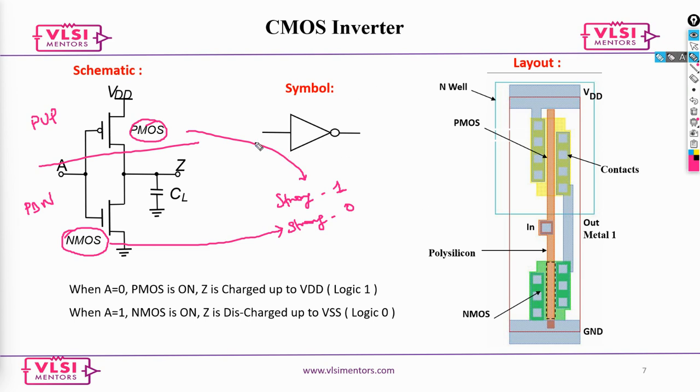When you interchange the PMOS and NMOS, your pull-up network becomes NMOS, and your pull down becomes PMOS. So this is going to give you a weak one, and this is going to give you a weak zero, which we don't prefer. The function of the circuit is going to be a buffer. So we don't prefer that. As I said, digital circuits always prefer strong zero and strong one.